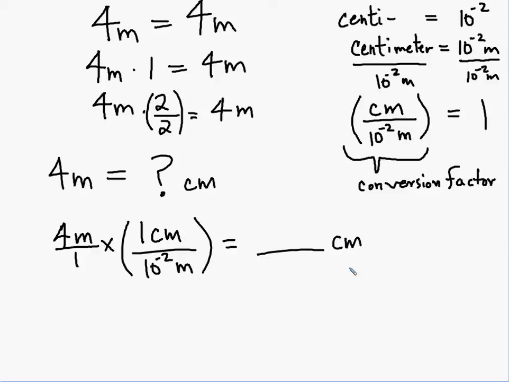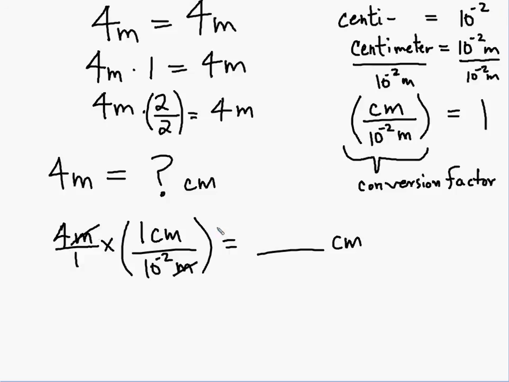How do I know it's in centimeters? Well, let's see. Meters times centimeters divided by meters. We remember from algebra, remember we're still channeling our algebra, that when I'm doing fractions, if I have something in the top multiplied or divided by something else in my fraction, and it appears in both the top and the bottom, or numerator and denominator to use official language, numerator and denominator both have meters, they cancel out.